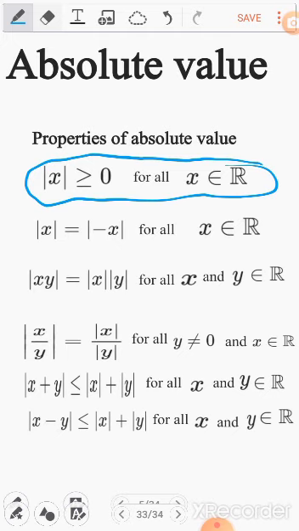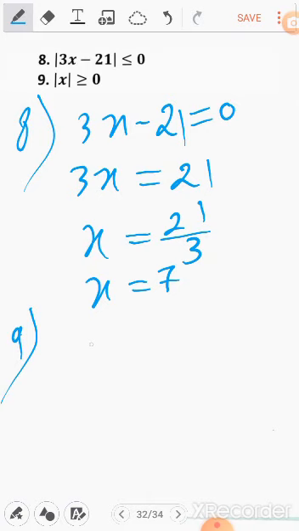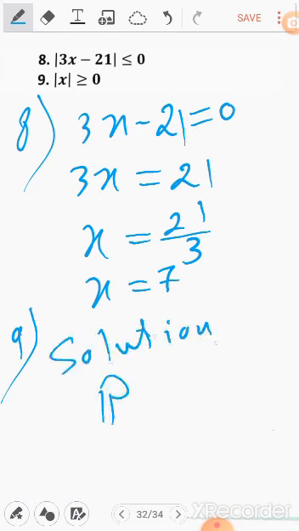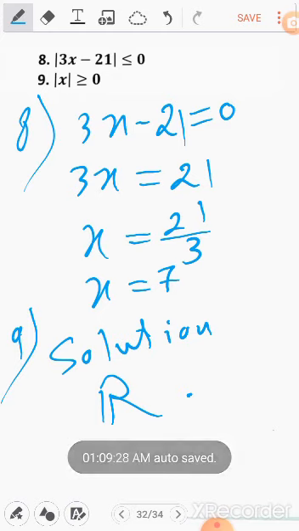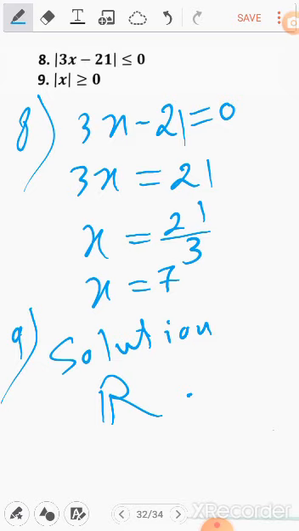So x belongs to R. The solution is the set R. All the real values are solutions of this inequality, because any x in R, if you replace it in number 9, satisfies this inequality. Thank you.